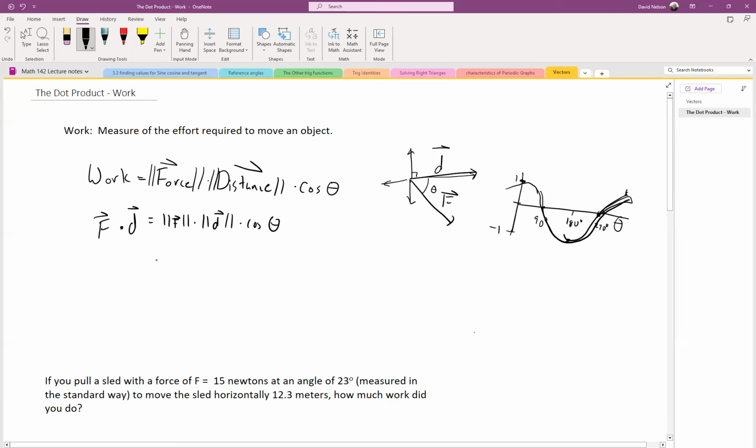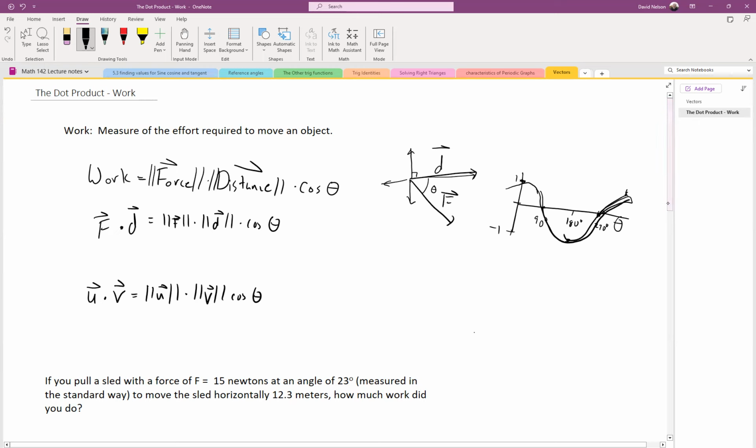Or more generically, if we just talk about some generic vectors u and v, we're defining this mathematical dot product of u dotted with v as the magnitude of u times the magnitude of v times the cosine of the angle in between those two vectors.